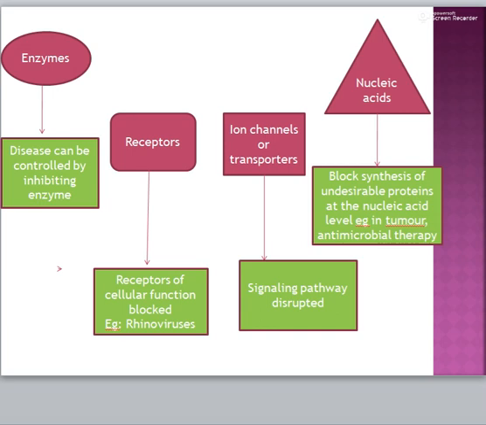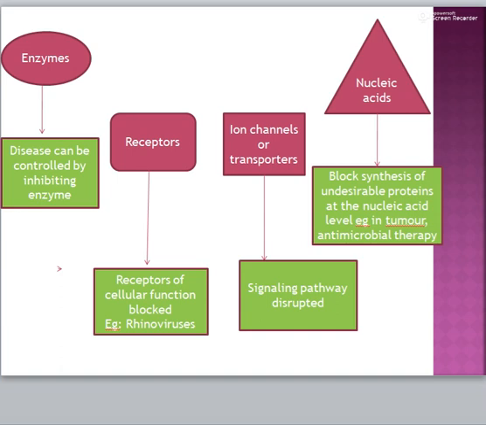If we block that particular enzyme of interest, you can control the disease. In such a case, the enzyme becomes a biological target.